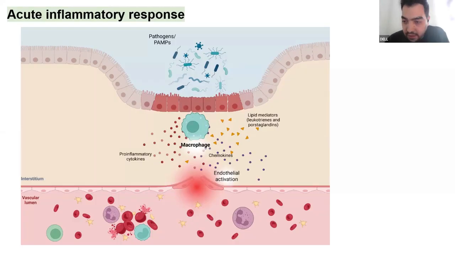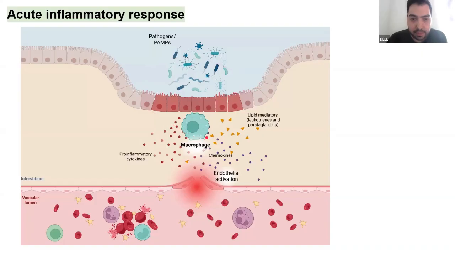So this response is coordinated by several families of pro-inflammatory factors, including cytokines, also chemokines and lipid mediators such as leukotrienes and prostaglandins. Of course, macrophages, whether tissue resident or derived from circulating monocytes, are highly adaptable cells that orchestrate the initiation of inflammation.